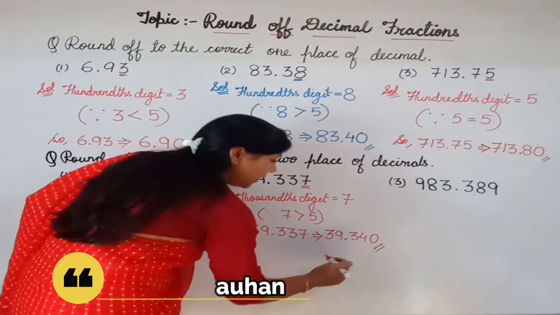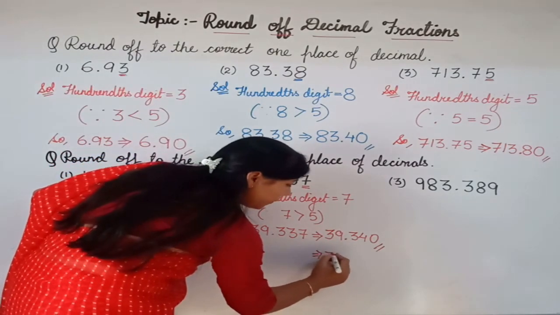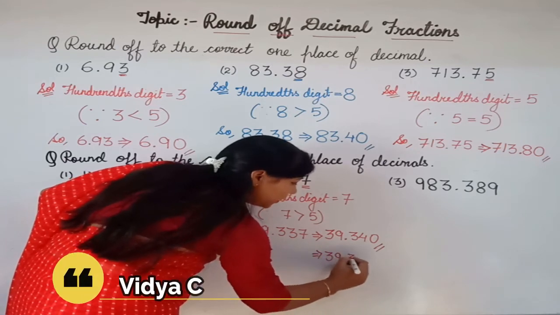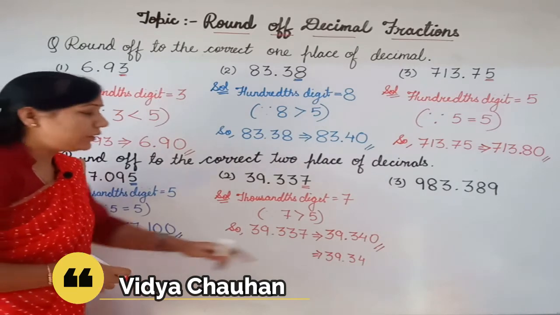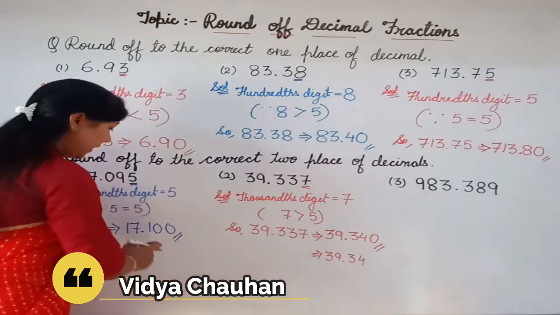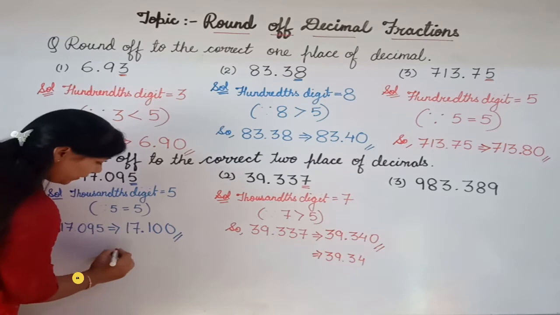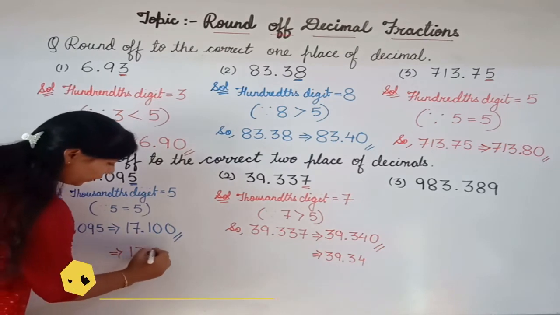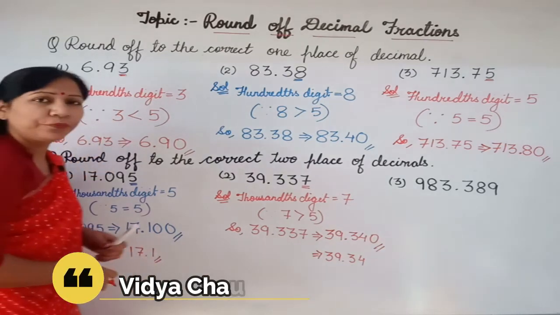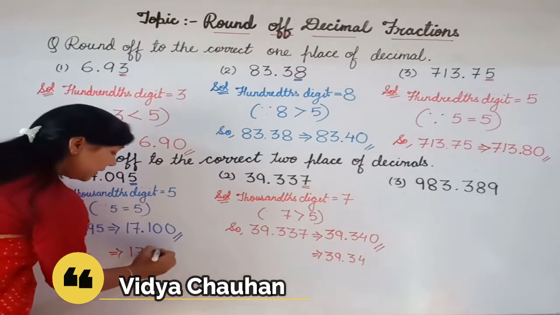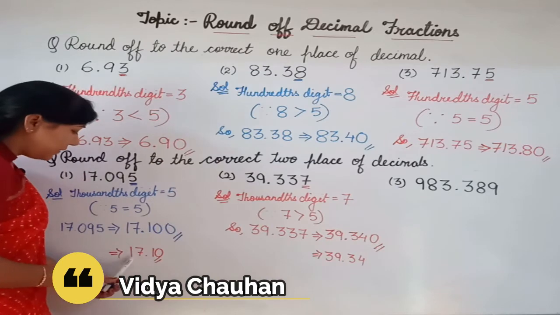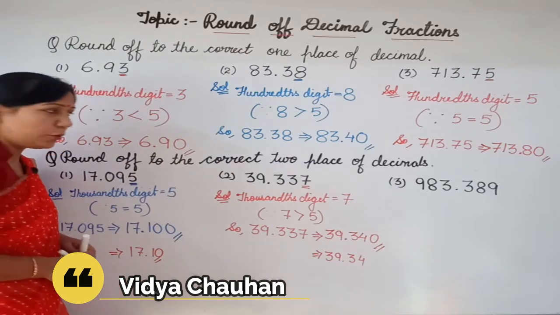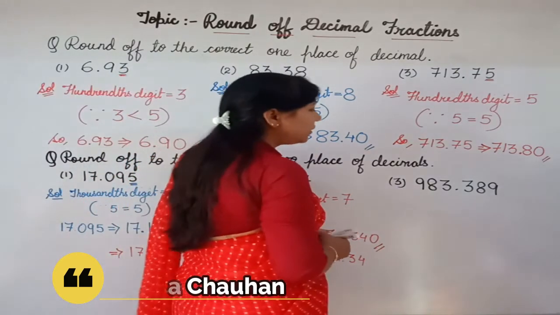The same number you can also write as 39.34, that is, you can just remove the 0. Similarly, in the first part you can write 17.10, because we need correct up to 2 places.